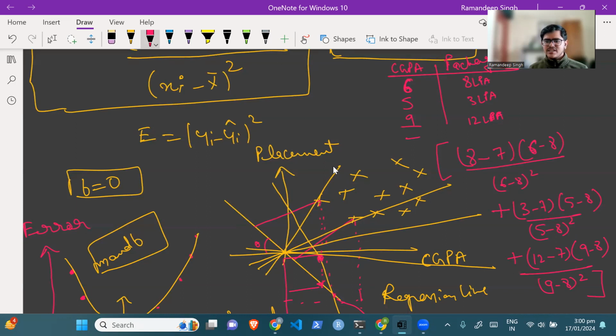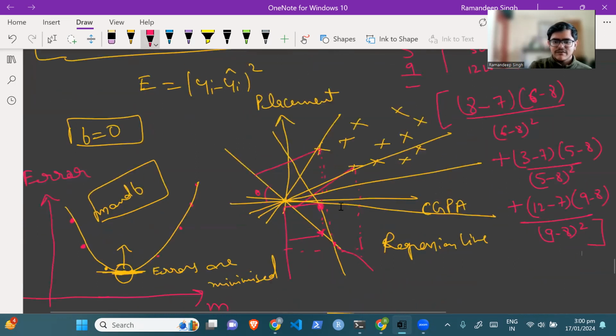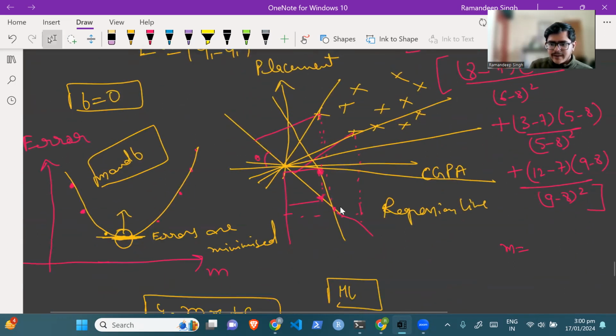So when I calculate these values and take a sum of these, I will get my m, that is the coefficient.